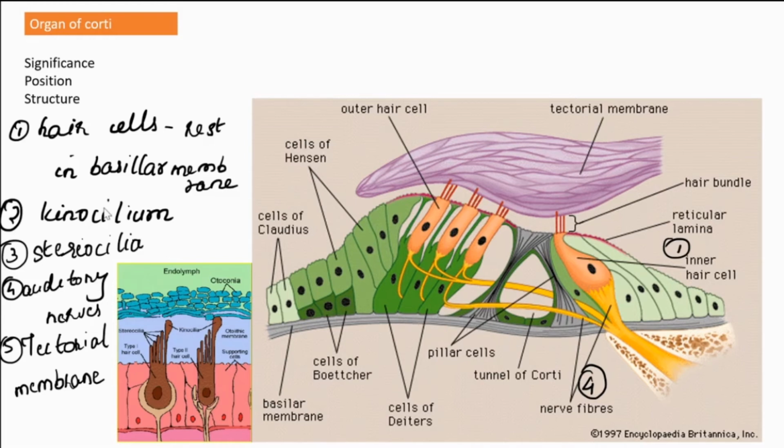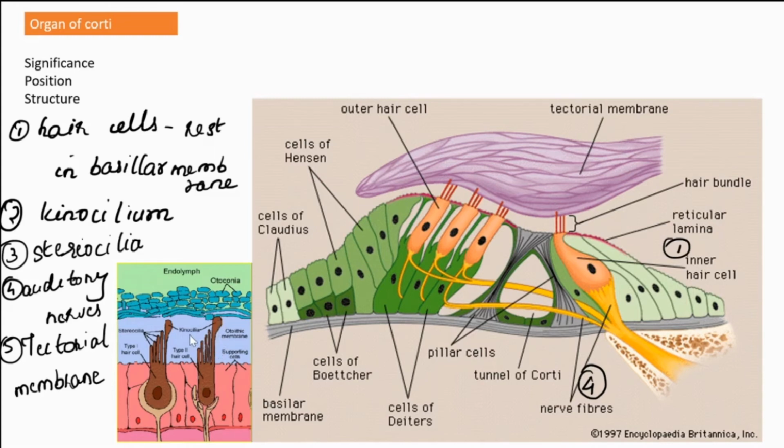And kinocilium, what's that? The hair cell bears some elongated cilia. That elongated cilia we can very clearly see on the tip of the hair cells. That elongated cilium with a bulbous end is called kinocilia.